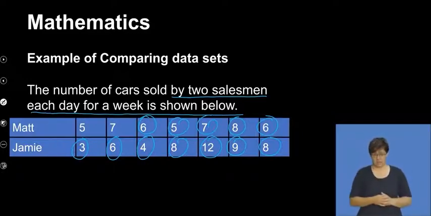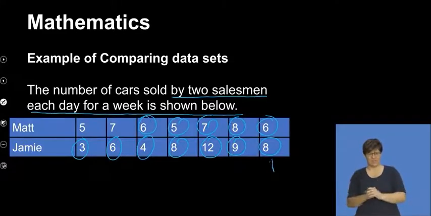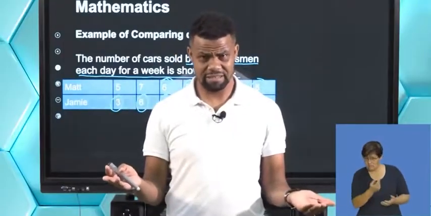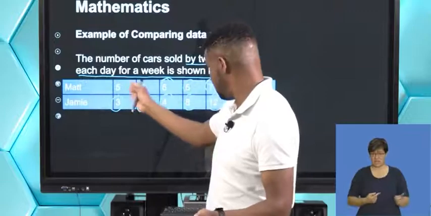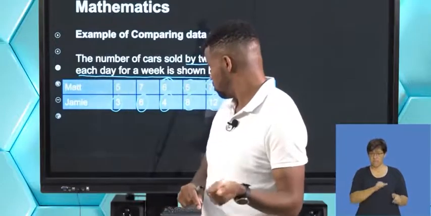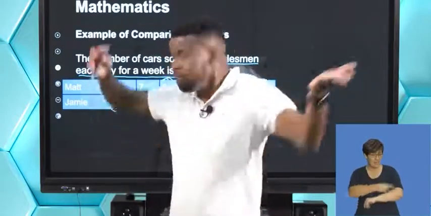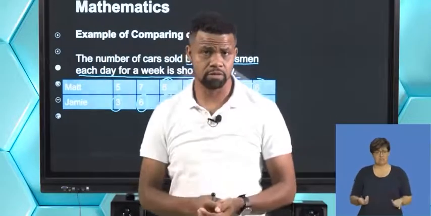But also, if you look at day 7, Jamie performed better than Matt by the same number of cars. Does that make sense? Because on day 1, Matt is better by 3, but on the last day, Jamie is better by the same amount of cars.